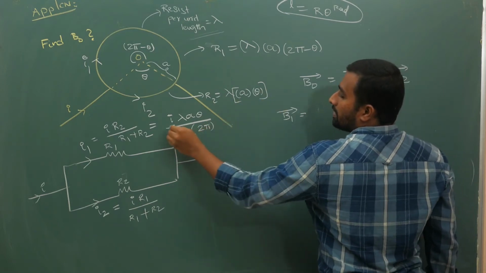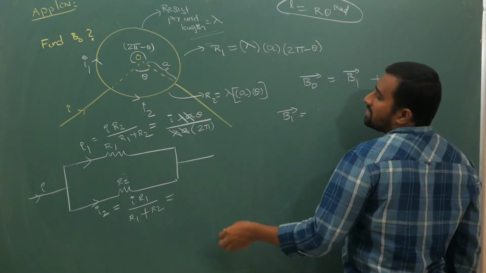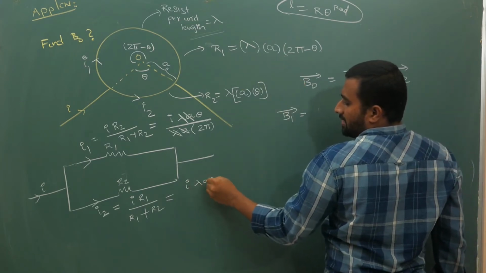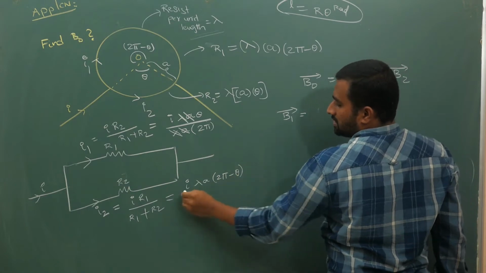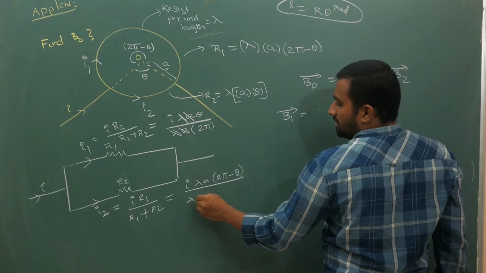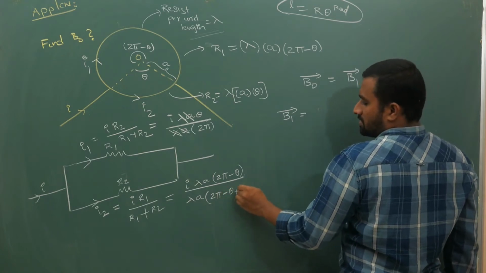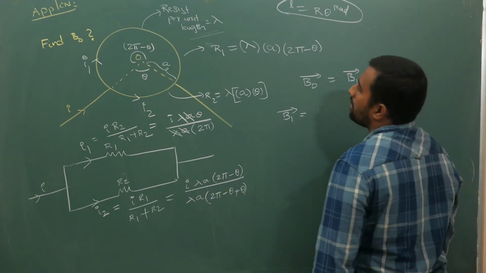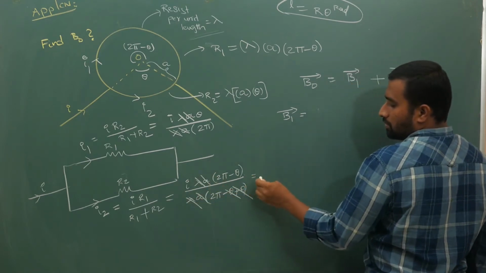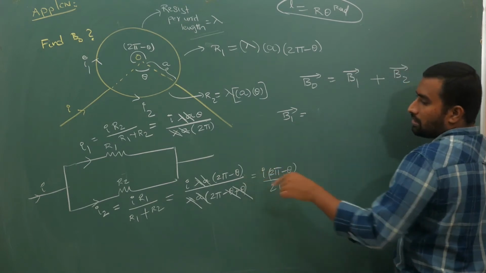Lambda a goes off and you get I times 2 pi minus theta by 2 pi.